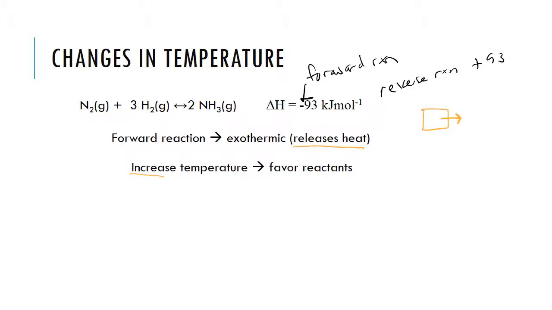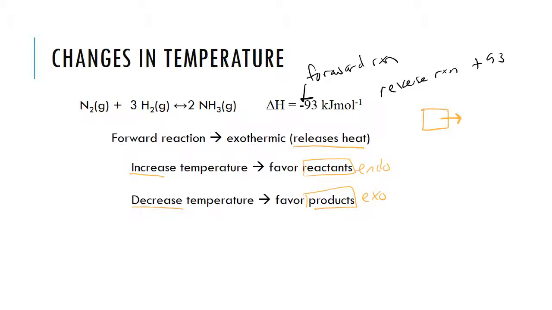Increase favors endo. So which direction is the endo in this particular instance? It is the reverse reaction. So we're going to see more reactants occurring. If you decrease the temperature, that favors the exo. In this particular instance, the forward reaction is exothermic, so you're going to favor your products.